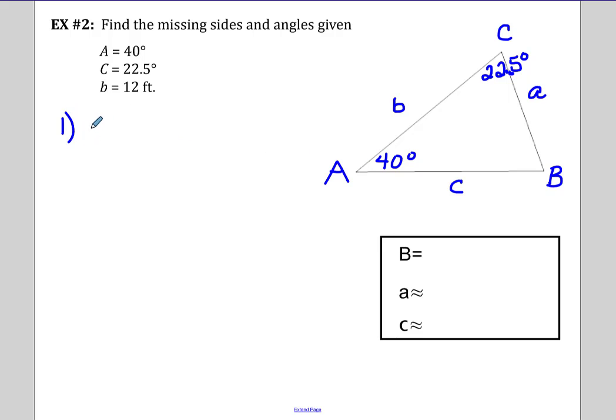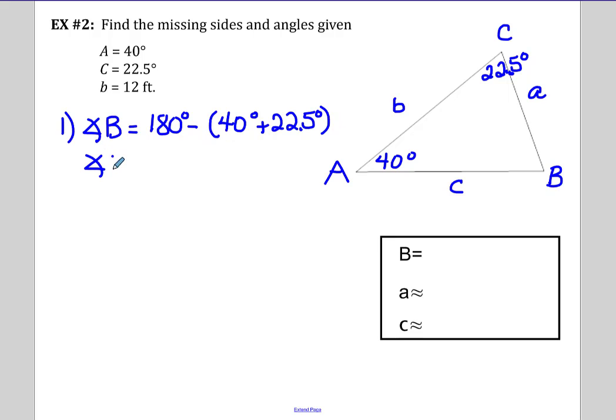And we can find angle B by subtracting the sum of the two angles we were given, 40 and 22.5. So that's 62.5 from 180. So we know angle B is 117.5 degrees. So this angle is 117.5. So we know one piece of the puzzle.